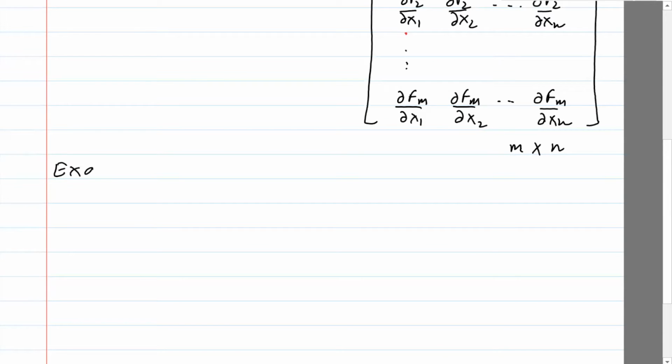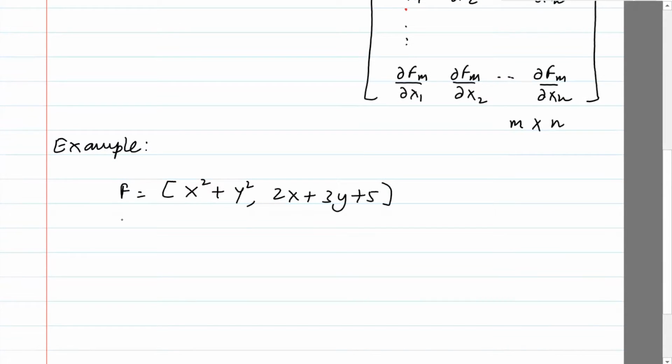Here's an example. Let's say I give you f as x squared plus y squared and 2x plus 3y plus 5, which are basically the two functions, f1 and f2. Clearly, the q over here is x and y.